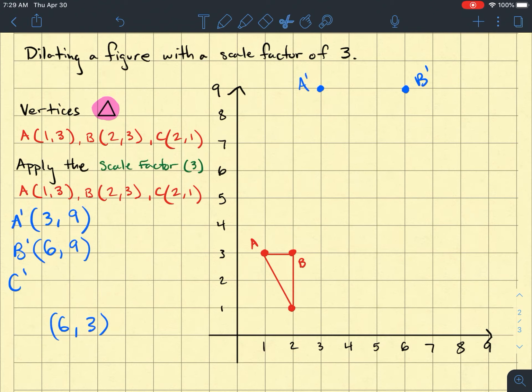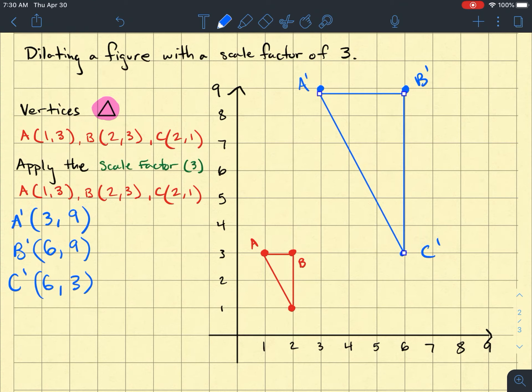Again, you can pause the video, rewind it, and rewatch whatever step you need. It is located at 6 and 3. And that's our new C. Okay, let's connect our triangle. And there we have our dilated image.